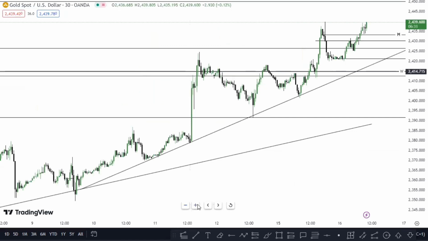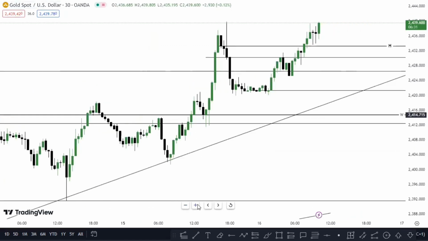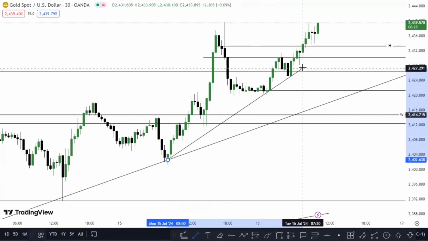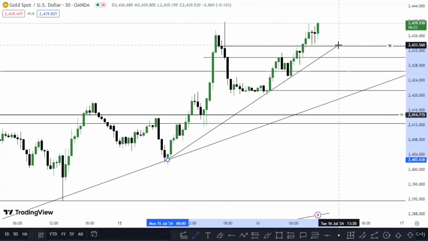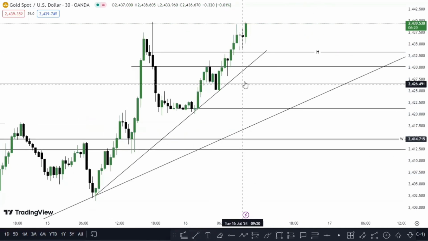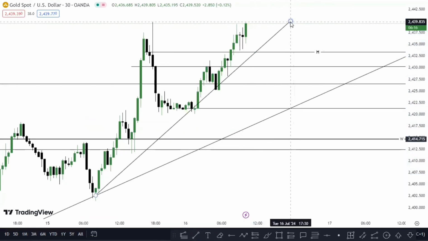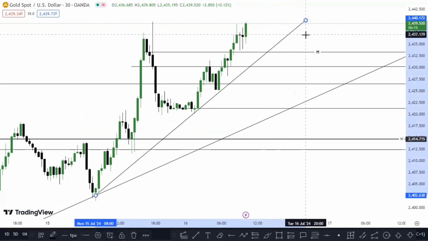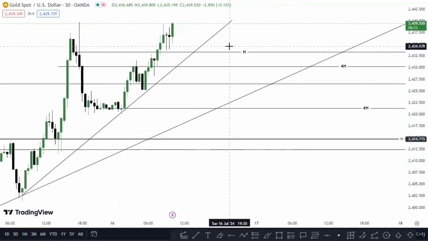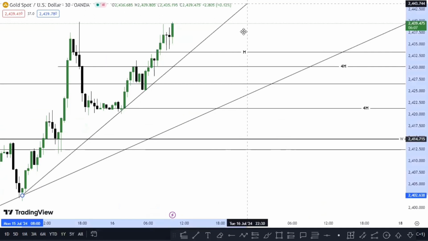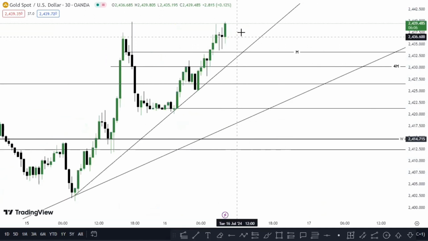Let's see. I can see another trend line inside, another one inside.